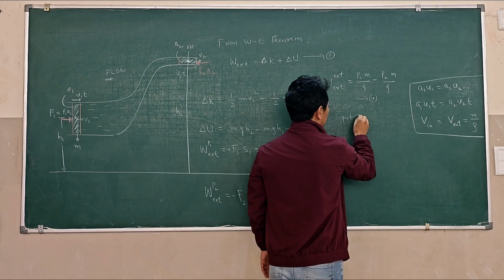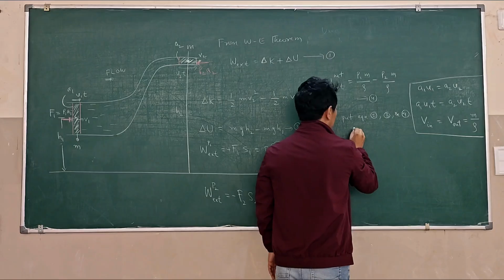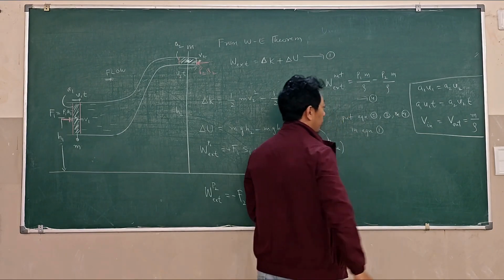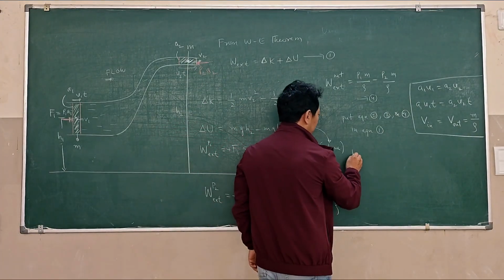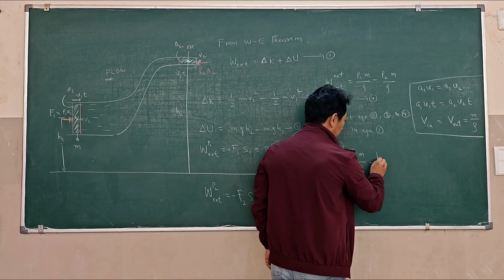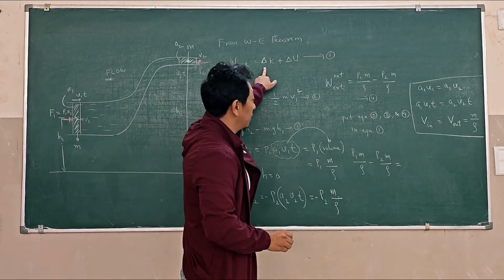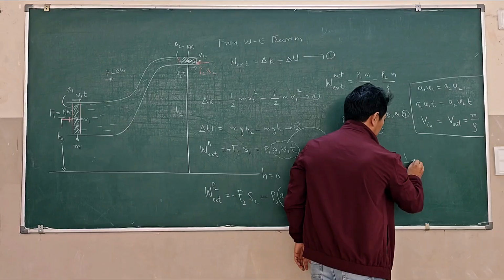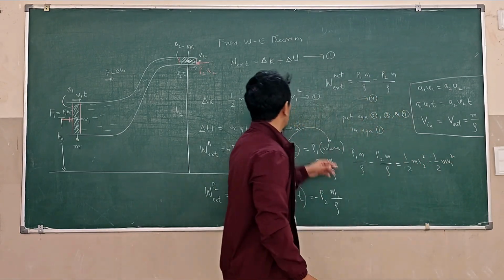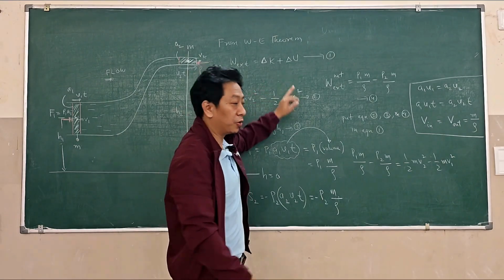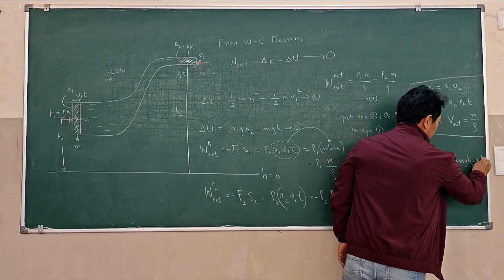Putting equations 2, 3 and 4 in equation 1, which is your work energy theorem, what will we get? The total work done by the external force, P1 m by rho minus P2 m by rho, equals the kinetic energy change, half m V2 square minus half m V1 square. What is delta U? The change in gravitational potential energy, mgh2 minus mgh1.